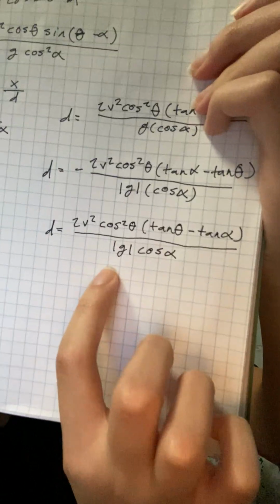Distributing the negative inside to the tangent alpha minus tangent theta changes the signs. D then equals 2v squared cosine squared theta times tangent theta minus tangent alpha, all over the absolute value of g times cosine of alpha, shown here.